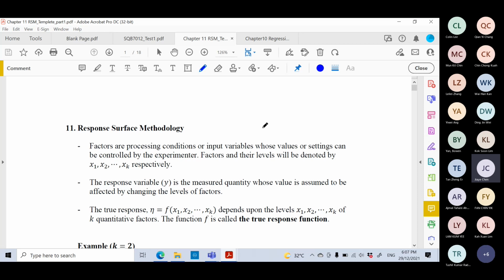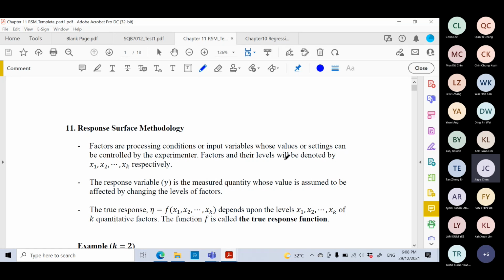Now you can also include the quadratic component in the model itself. Factors are processing conditions or input variables whose values or settings can be controlled by the experimenter, which you have studied before.